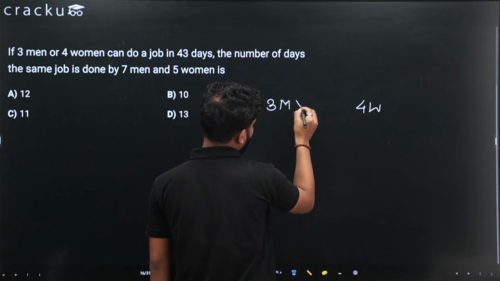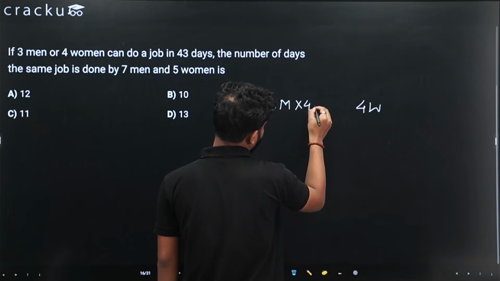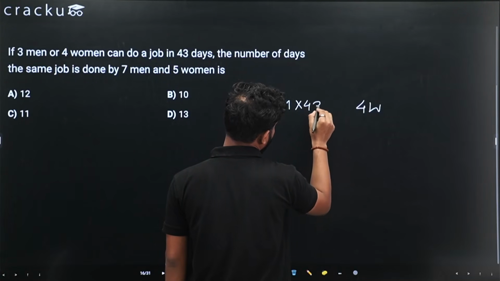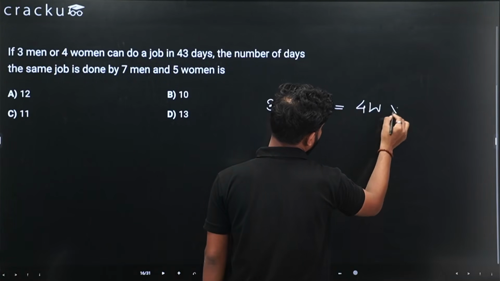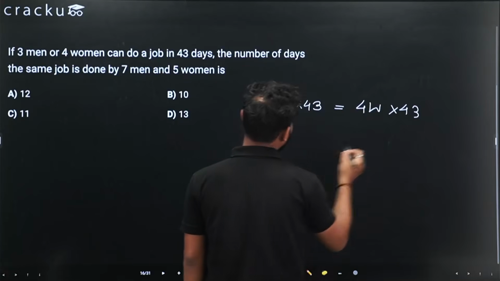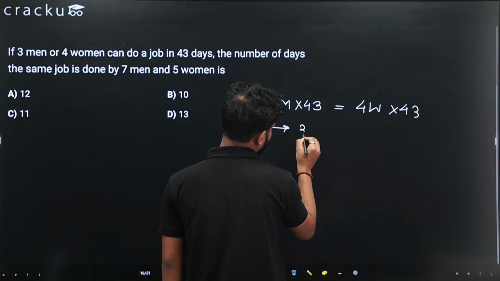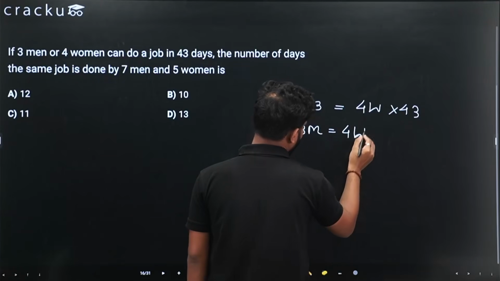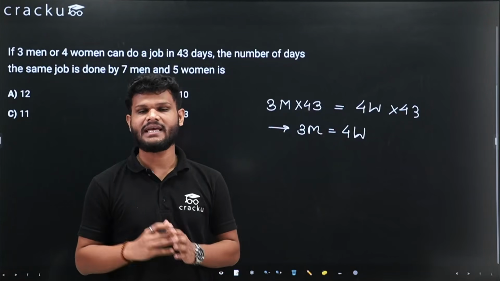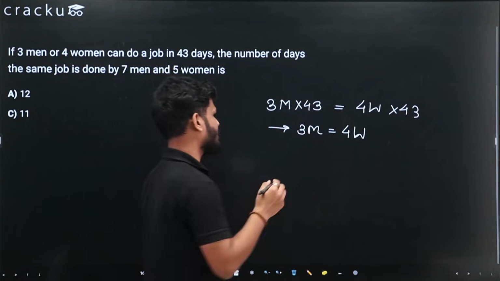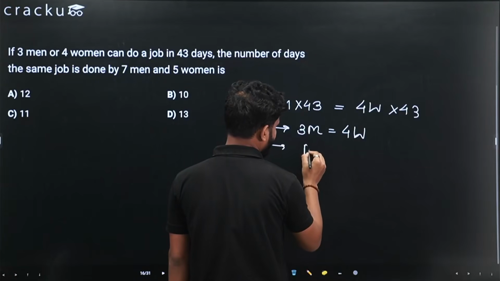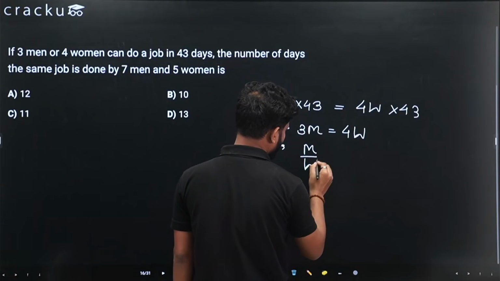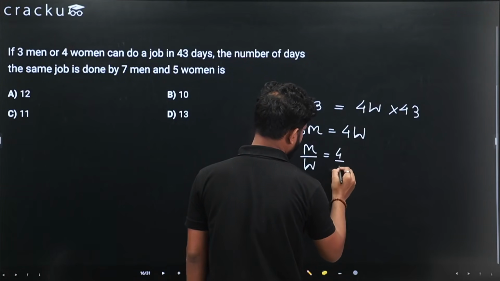So 3 men into 43 is equal to what? Is equal to 4W into 43, or I can say 3M is equal to 4W, where M and W are the efficiencies of man and woman. So let us say M by W is 4 upon 3.